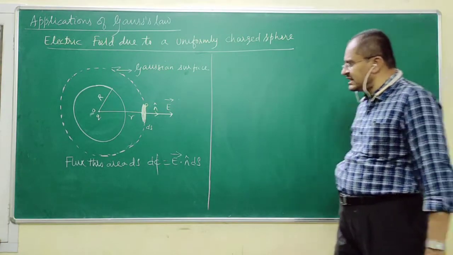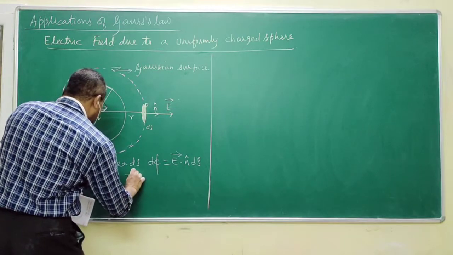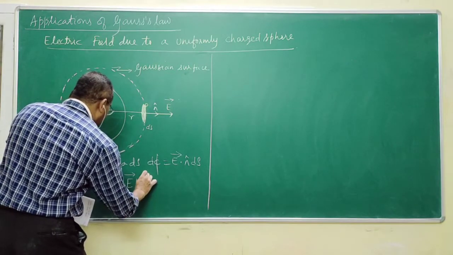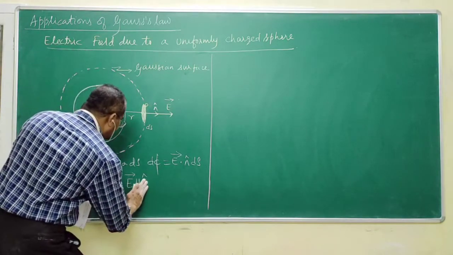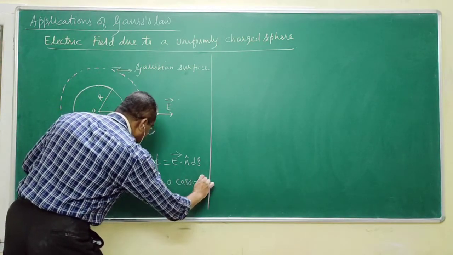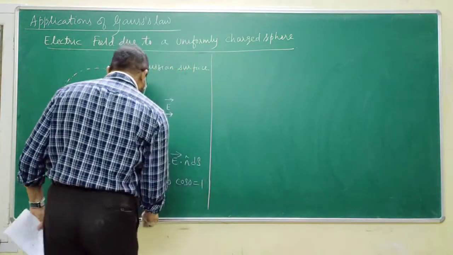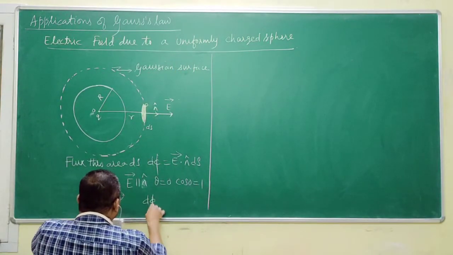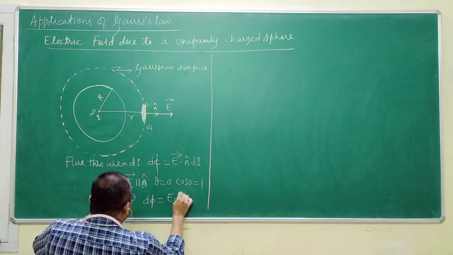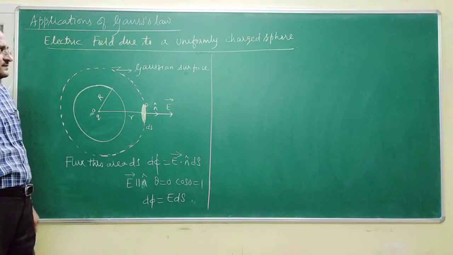Now if you look at the diagram, E vector and n unit vector are parallel to each other. Theta is 0, cos 0 is 1, and therefore this expression d phi will become equal to E dS. Is that okay to you?